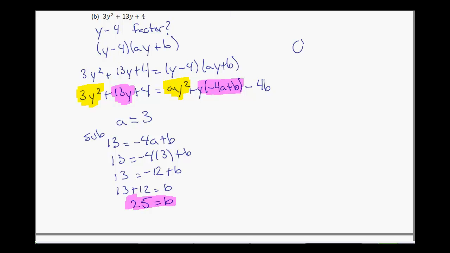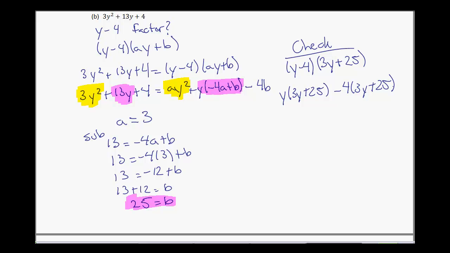But we need to check, see if we did our work correctly. So we have y minus 4 times 3y plus 25. Let's see if that will distribute out to have our original trinomial. Y times 3y plus 25 minus 4 times 3y plus 25.